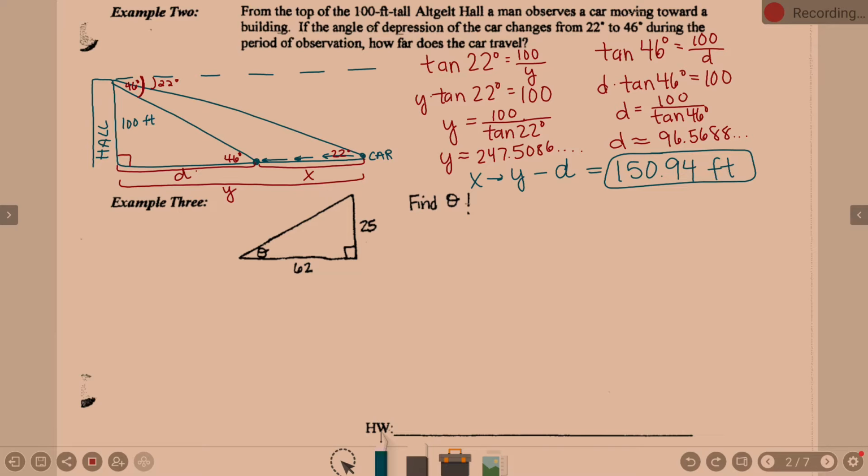So what am I going to write here? The tangent of theta is equal to 25 over 62. Can you agree with me on that one? Now the question is, how do I solve?